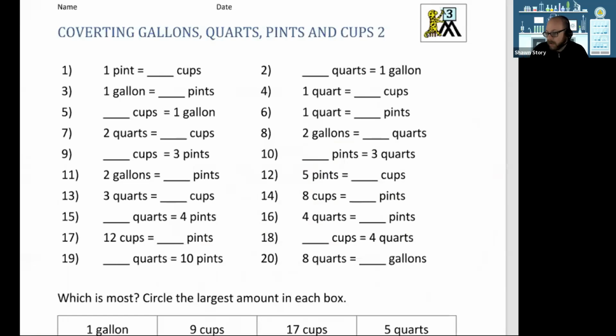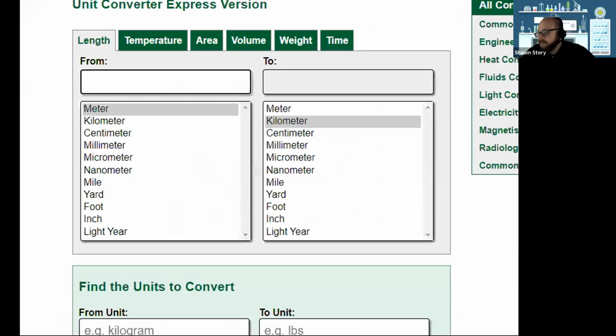So let me pull up our online converter, which is the best thing ever. This is an example of an online converter where I can do length, temperature, area, volume, weight.